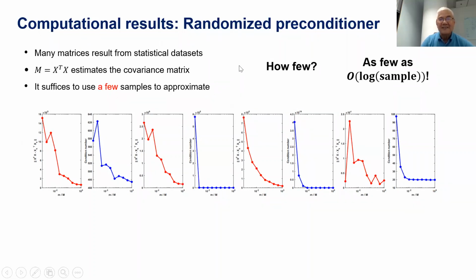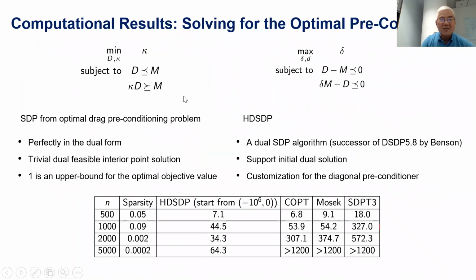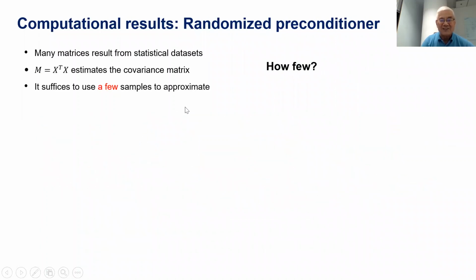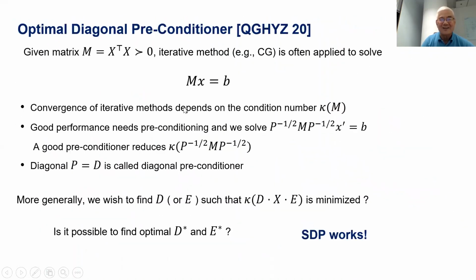Another application is the one I talked about before. In that ADMM method, I have to solve a system of equations with the same M at each step. So if I use an iterative method, I can find a good preconditioner only once, then apply it to all the future iterations, because in the future iterations M is unchanged, only b changes.